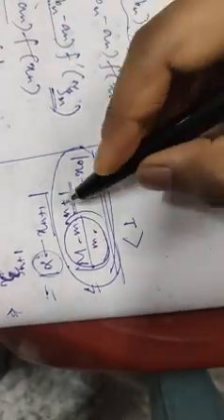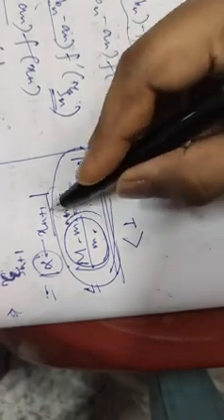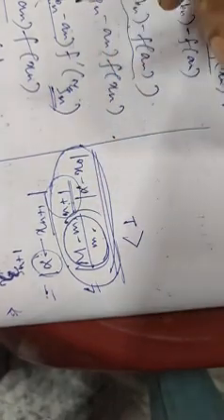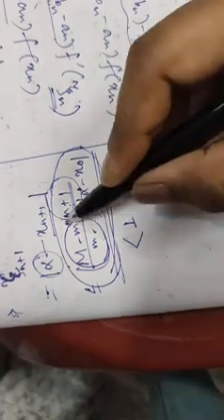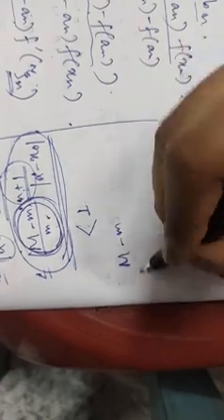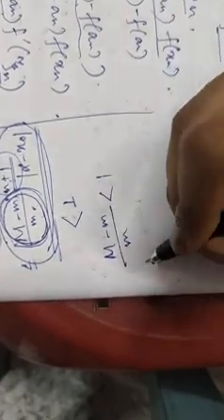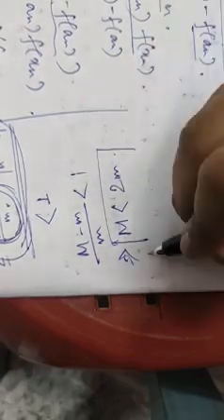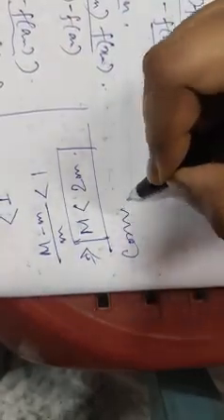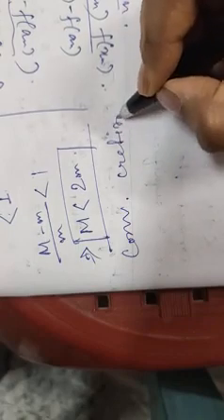Whenever this quantity is less than 1, the whole quantity to the power n will tend to 0 as n tends to infinity. So the condition for convergence is that this part should be less than 1. That means M minus m by m should be less than 1, that is M less than 2m. This is the required criterion of convergence of the whole method.